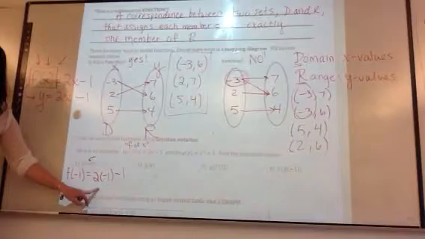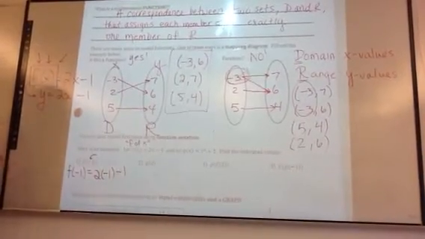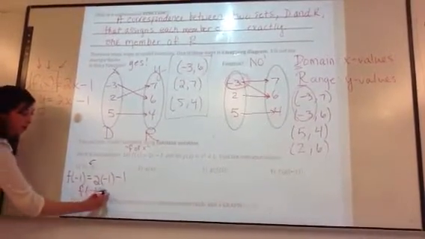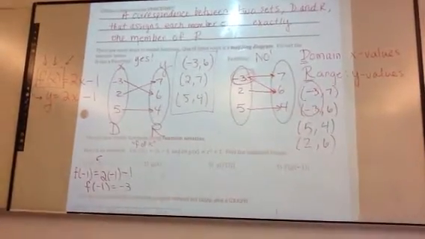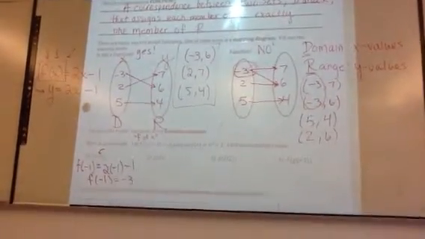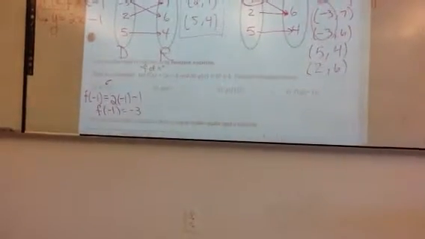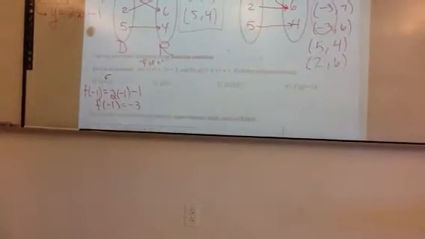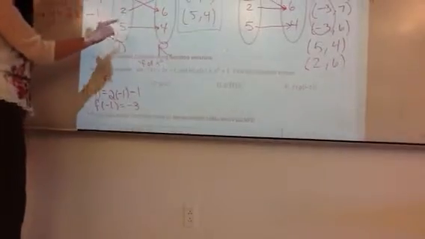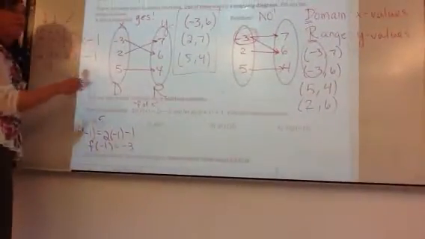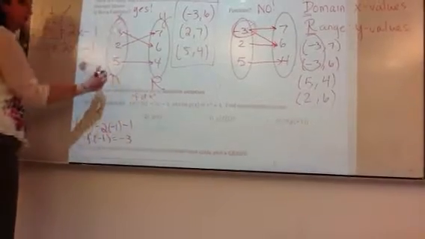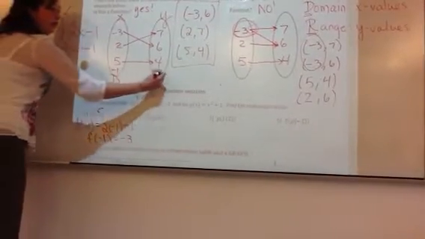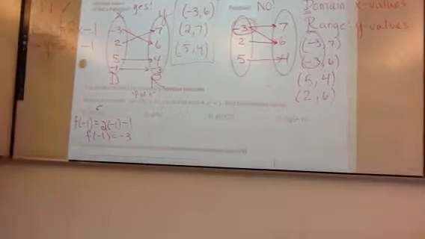So we do the math, and we get f of negative 1 equals negative 3. Input, negative 1. Output, negative 3. So if I was to do a mapping diagram, where would I put the negative 1? In the first part or the second? First part, so I put a negative 1 in there, mapped with negative 3, right?